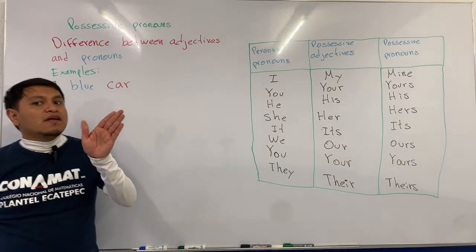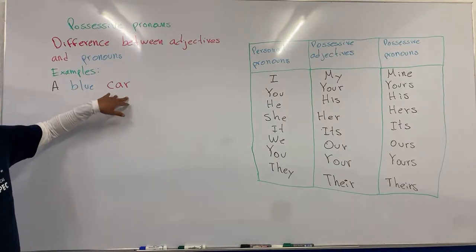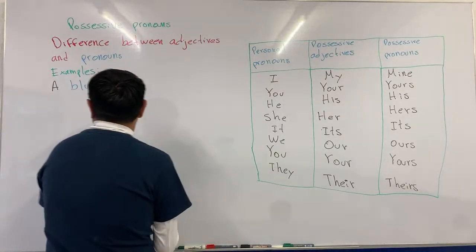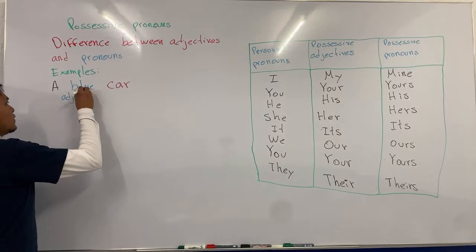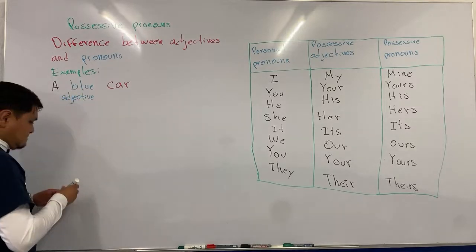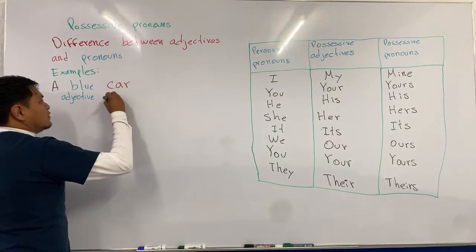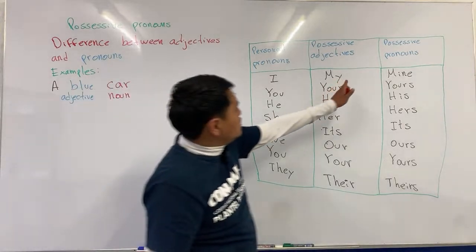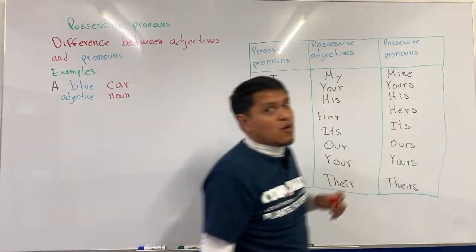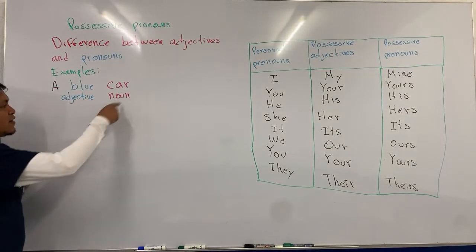Right. Blue is an adjective, and card is a noun. This is the difference between this and this one, right? This is an adjective and this is a noun.